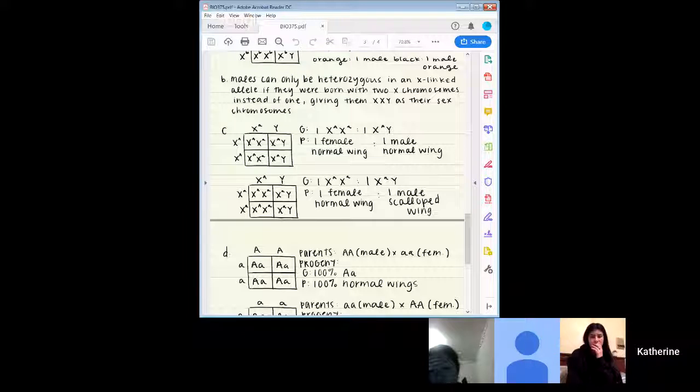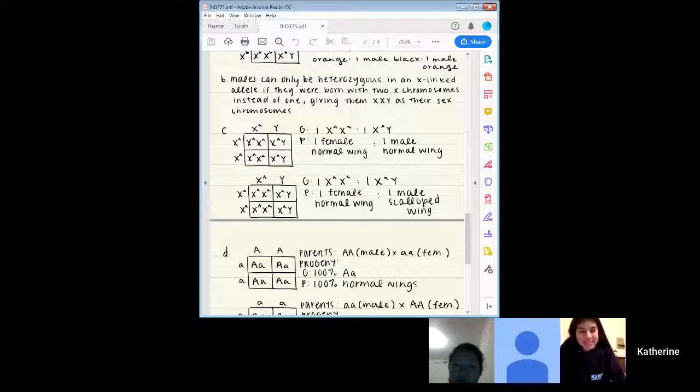And if it doesn't change the phenotypes, then that means that it was actually an autosomal mutation, on an autosomal chromosome. But because it changed the phenotypes from the first cross to the second cross, that verifies that it's an X-linked recessive mutation.